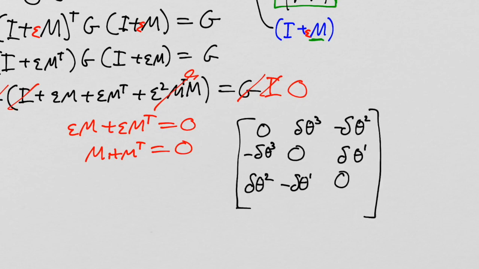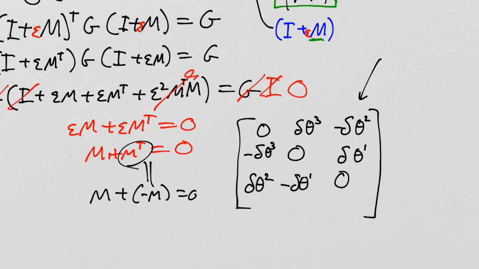And this is it, right? This matrix, if you transpose it, it's just like adding a negative sign. So you end up with m plus negative m equals 0. And that's the way this matrix works, because m transpose equals negative m for this matrix.